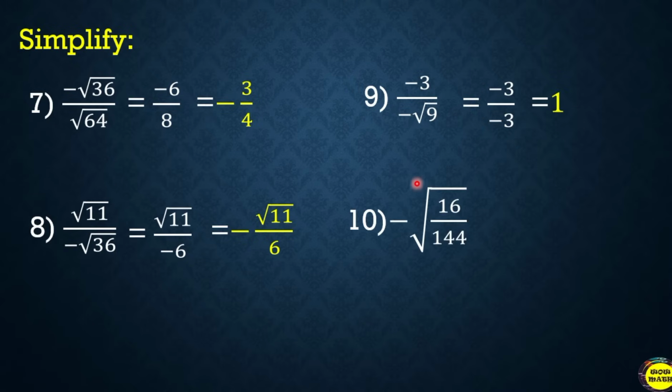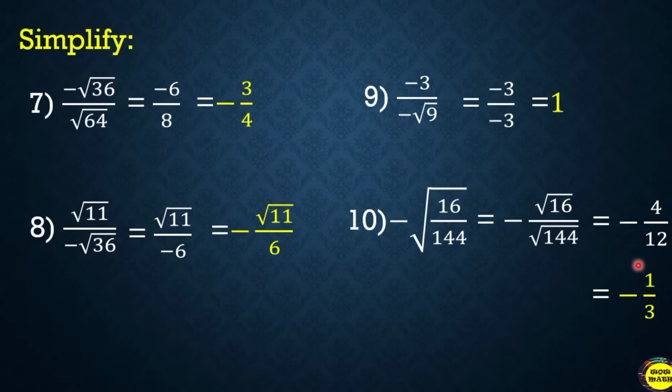And for number 10, we have negative square root of 16 over 144, or negative square root of 16 over square root of 144. So 16 and 144 is a perfect squared number. So therefore, square root of 16 is 4, square root of 144 is 12. And that is negative 4 over 12 na pwede pa natin i-lowest term. And that is negative 1/3.